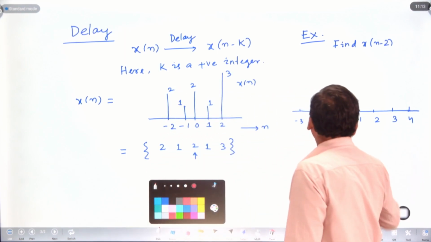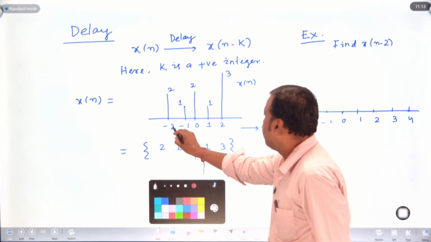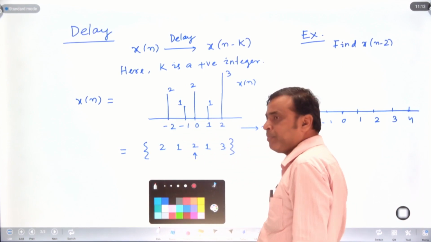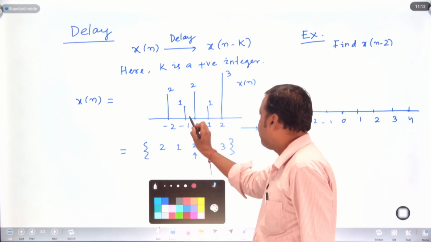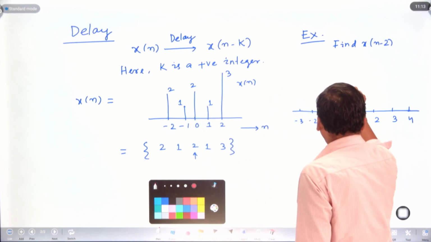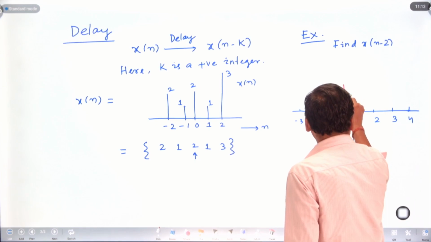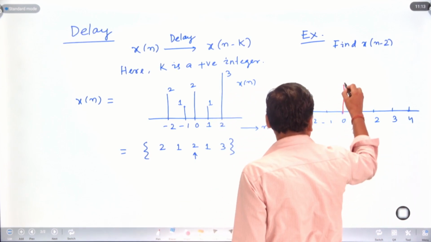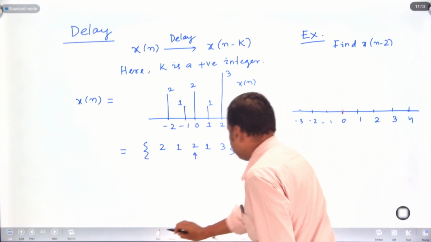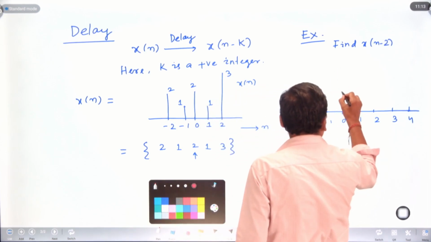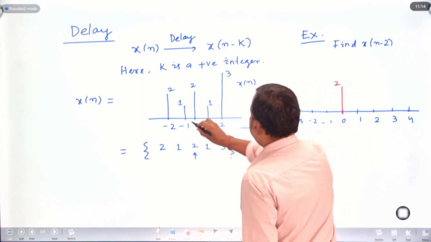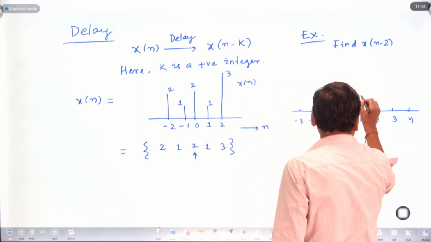If I say x of n minus 2, whatever is at n equal to -2 is shifted towards the right by 2 units of samples and exists at 0. That means here this is your 2. Similarly, this is your 1.